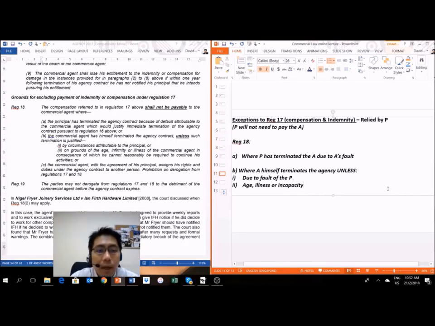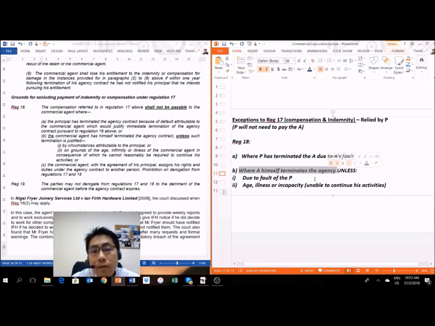The point is that he's unable to carry on his duties, unable to continue his activities. And the moment it is so, you find that Regulation 18 would not apply. Let me just explain this one more time. Starting with the first line here, if it's a case of the agent himself terminating the agency, then you can't be getting compensation.